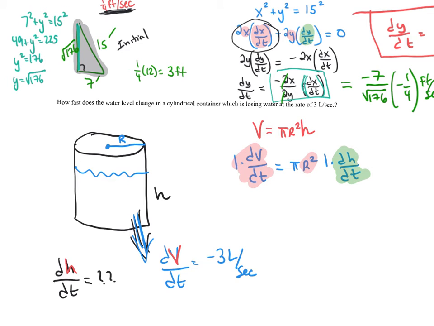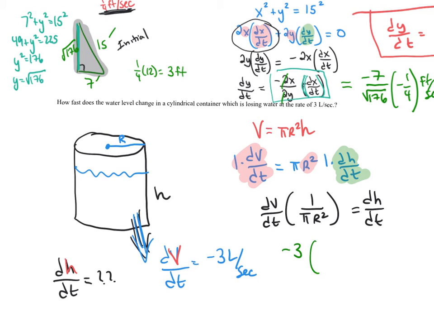So if I solve for it, I'm going to divide both sides by pi r squared. So dh/dt is going to equal dV/dt times 1 over pi r squared. Now, I don't know what the radius is, but it's a constant, but I do know dV/dt is -3.